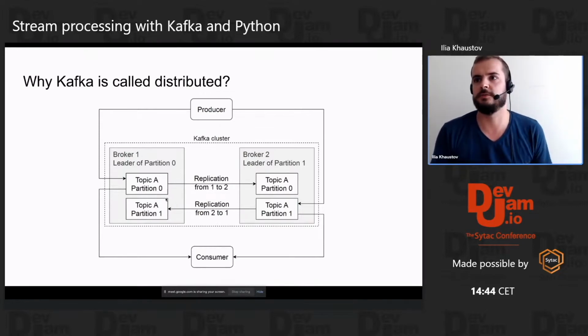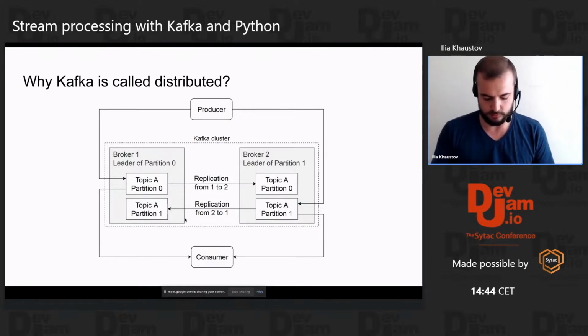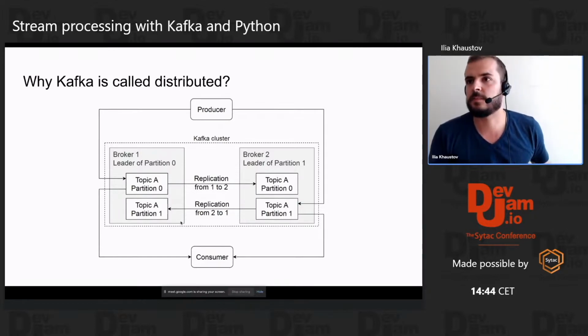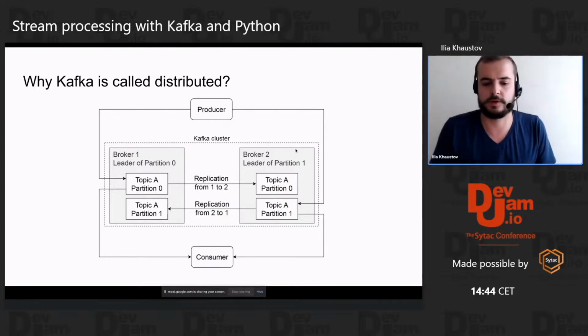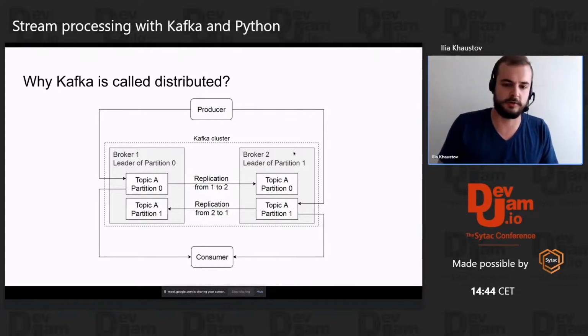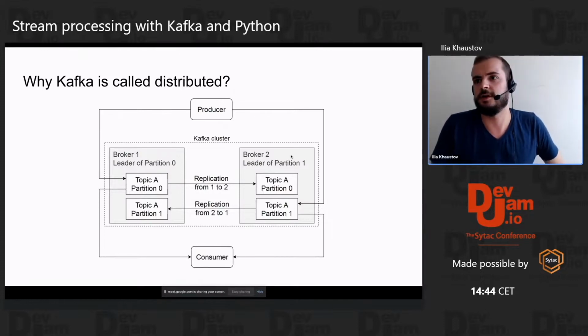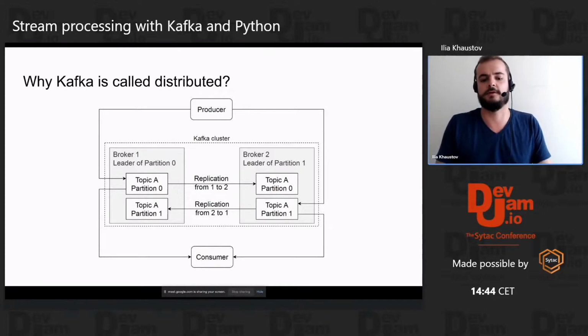It's even possible to scale it up to as many brokers as you need as your cluster grows. But of course, in a production environment, it is advised to have at least 3 brokers. This is just for the sake of simplicity, but they say keep your data in 3 places.